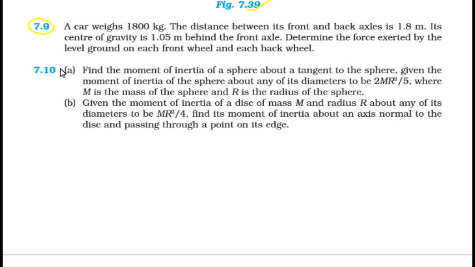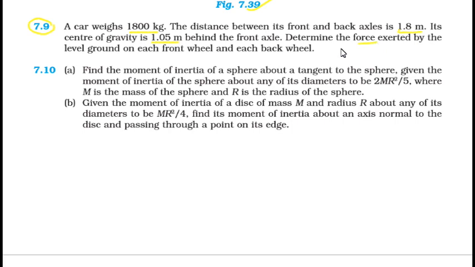The figures which are given are the weight, which is 1800 kg, the distance between the back and front axle, which is 1.8 meter, and the center of gravity is 1.05 meter behind the front axle. What we have to find is the force exerted by the level ground on each front wheel and each back wheel.